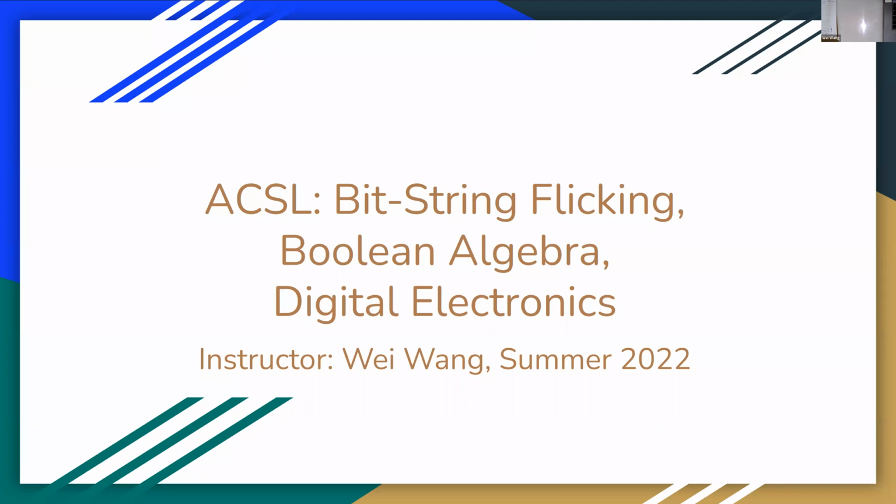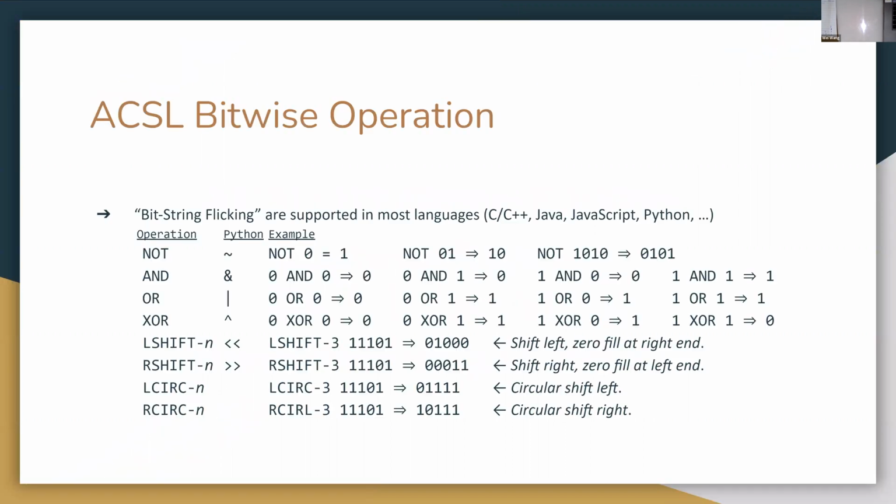Like I said, these 3 concepts sound very different, right? But on the inside, they are actually very much the same. So ACSL bitwise operation is a little bit specific, peculiar.